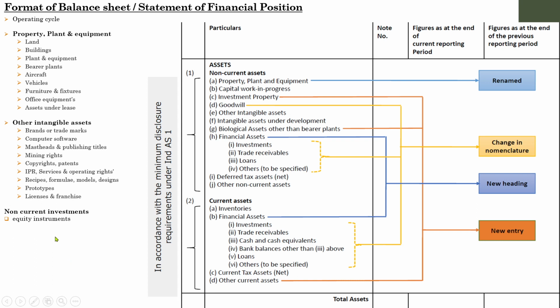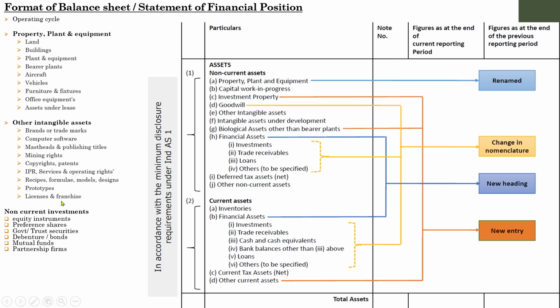First one, equity instrument. If I am investing in the equity capital of other companies, that is known as equity instrument. Similarly, preference shares, investment in government or trust securities, debentures and bonds, investment in mutual funds, investment in partnership firms, and other investment.